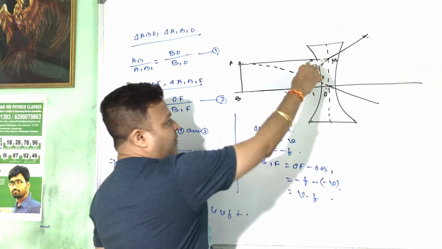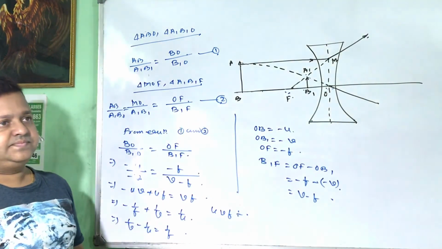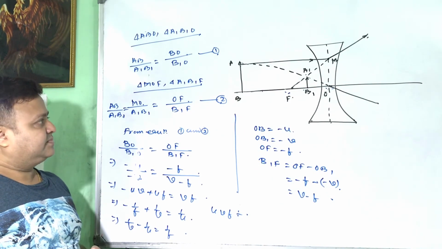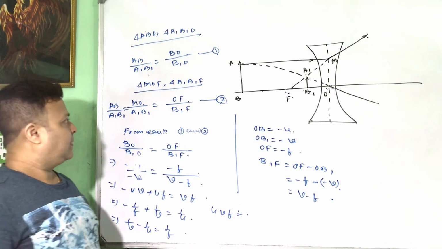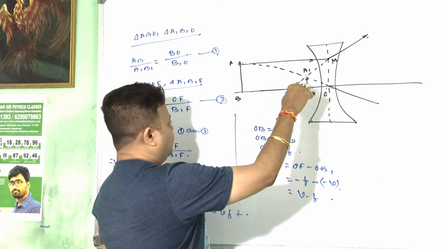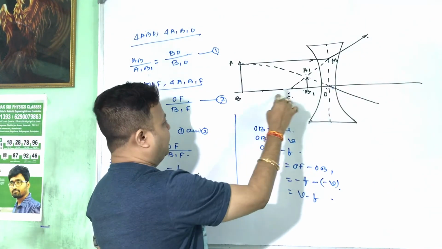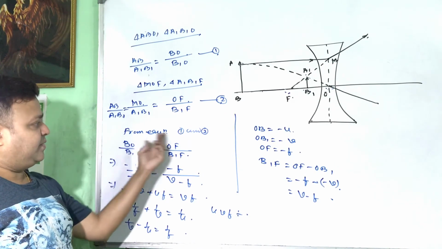Similarly, MOF and A1B1F are similar triangles, MO by A1B1 equals OF by B1F. From equation 1 and 2, same.